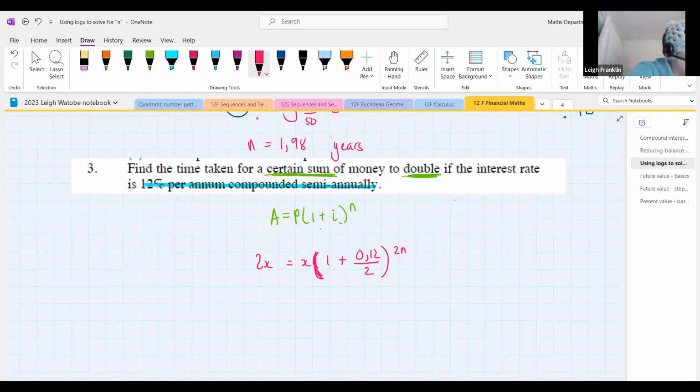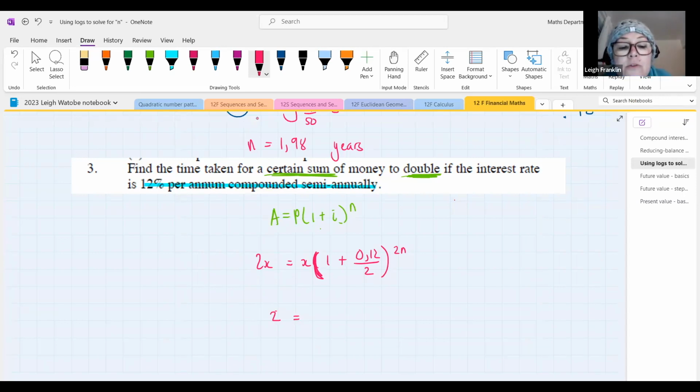So now we'd end up with 2, because we divide both sides by x. Our base would be 1 plus 0.12 over 2, which is 53 over 50.